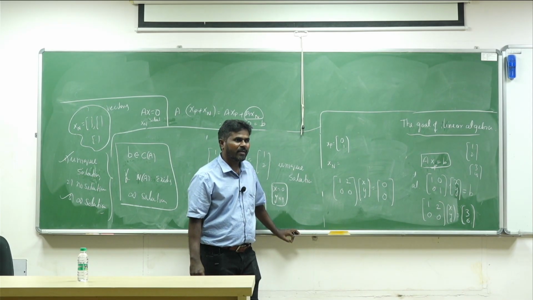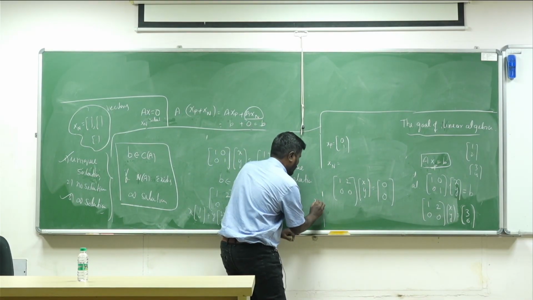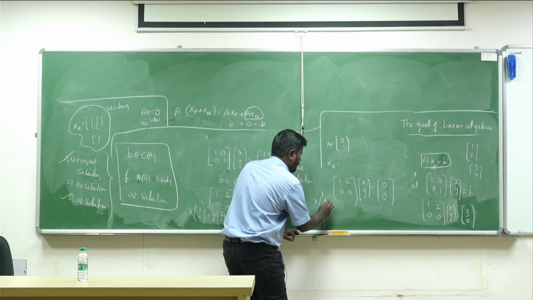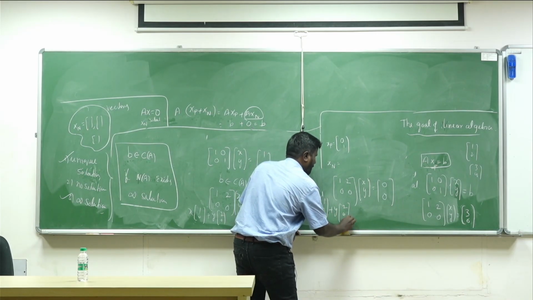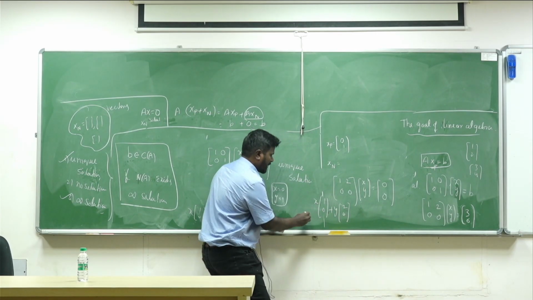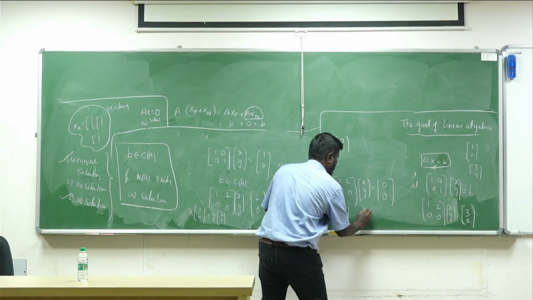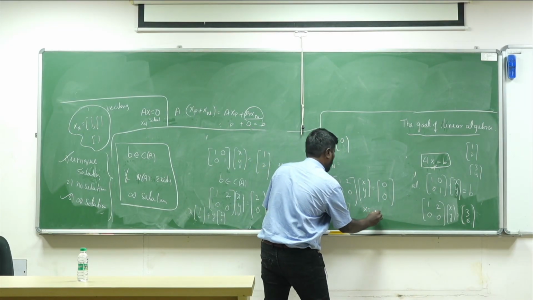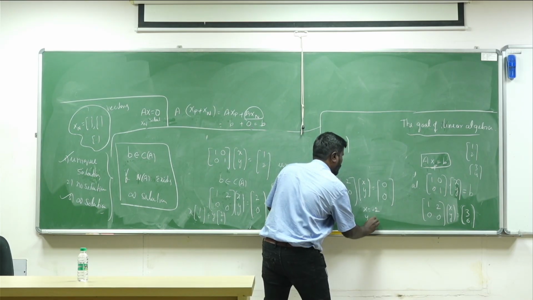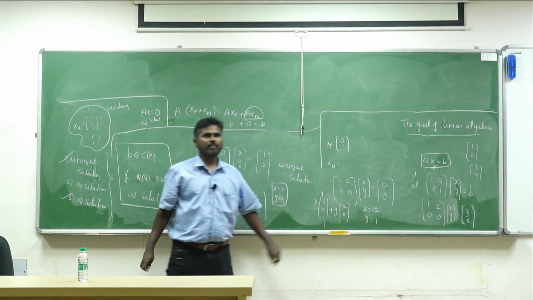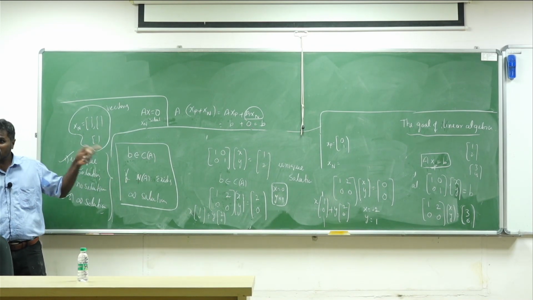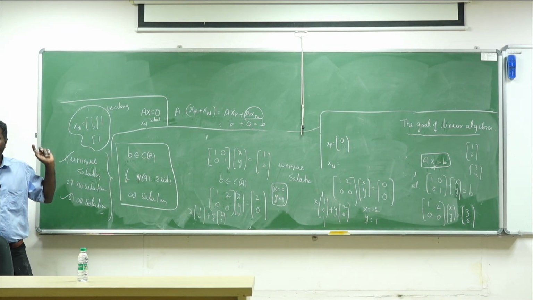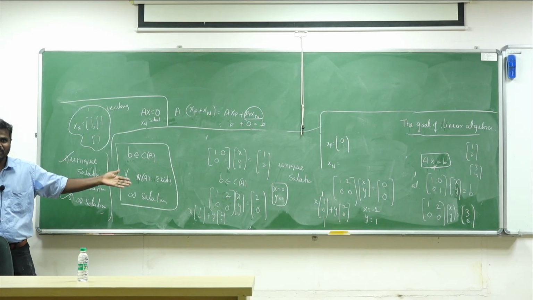Correct, right? So you say x equal to minus 2, y equal to 1. That's the solution to Ax equal to 0. Is that the only null space solution?